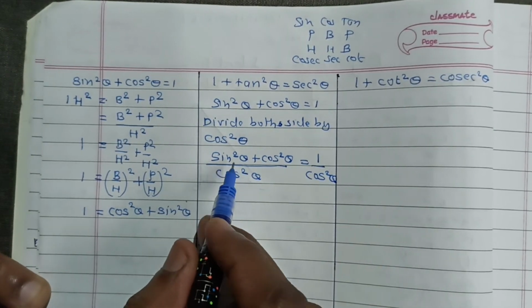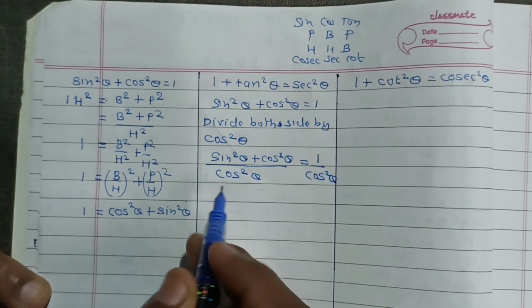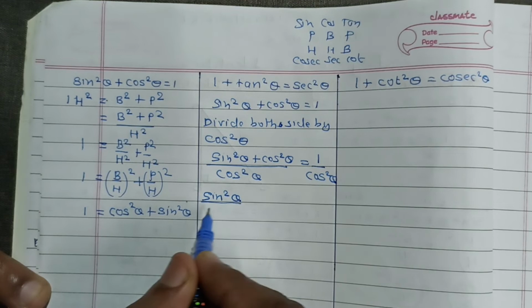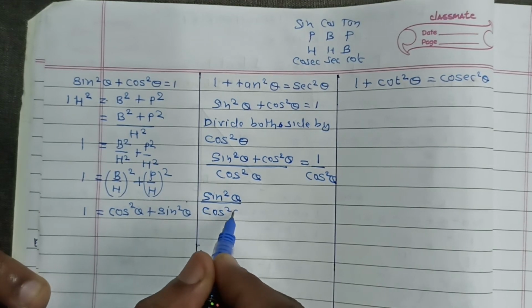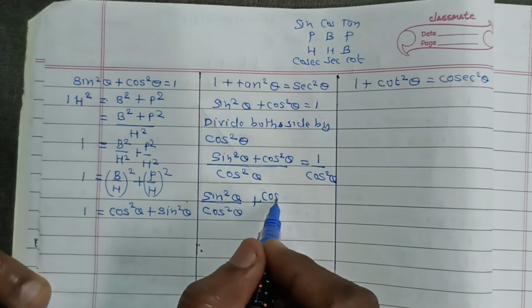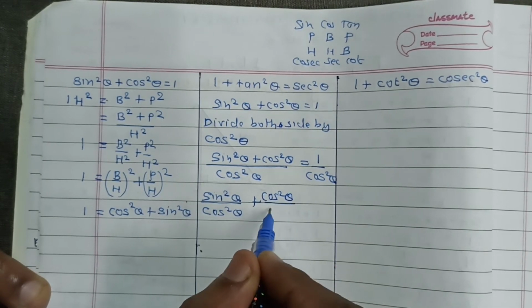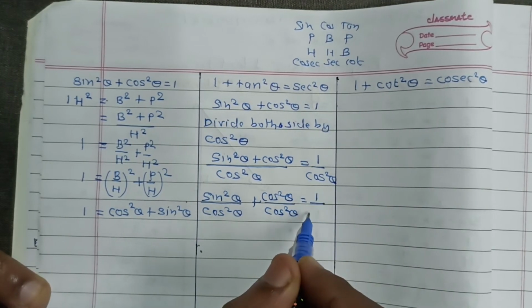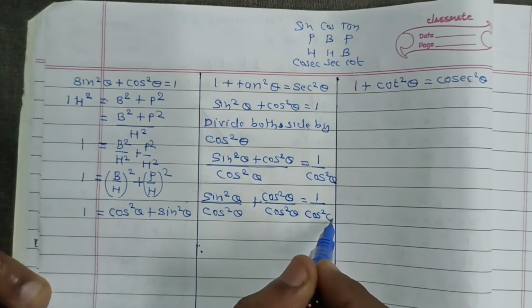Now you can write this as sin²θ upon cos²θ plus cos²θ divided by cos²θ is equal to 1 upon cos²θ.